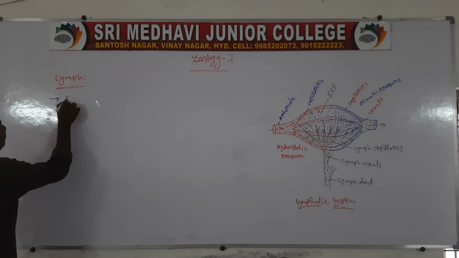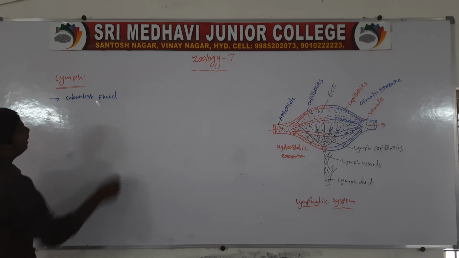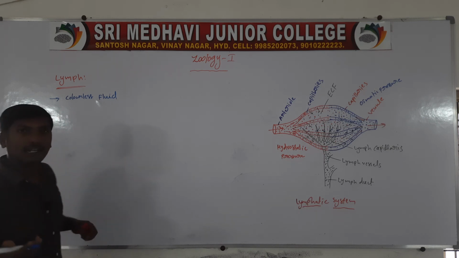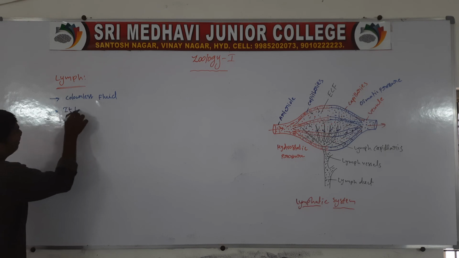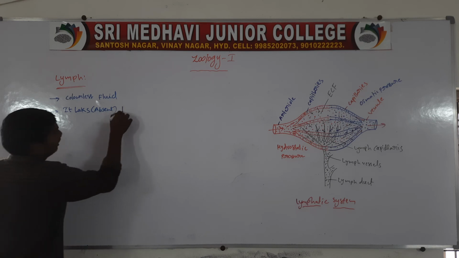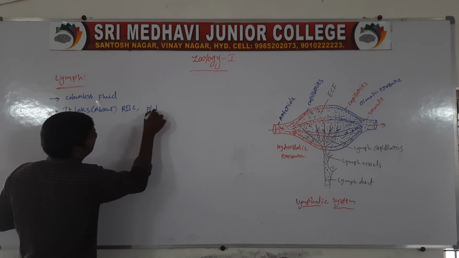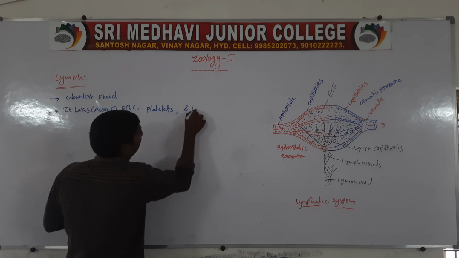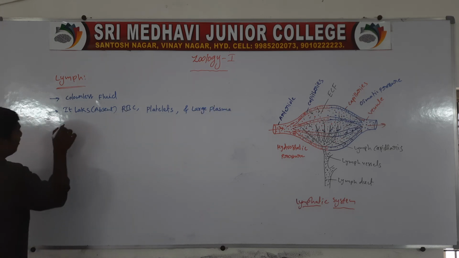Lymph is a colorless fluid. Next, it lacks, which means absent, red blood cells, platelets, and large plasma proteins.